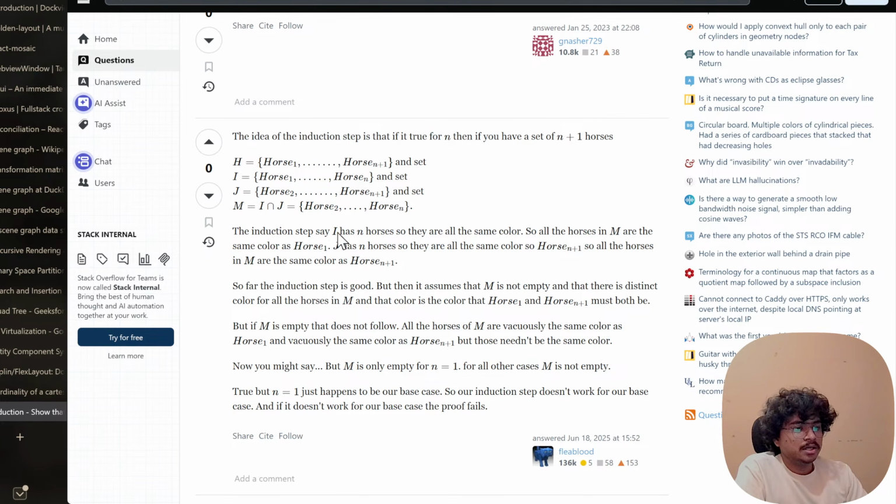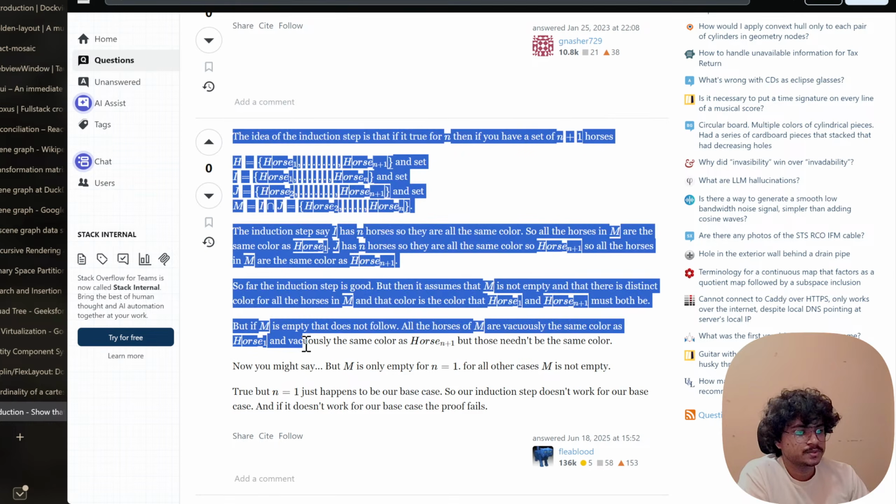The induction says that it has n horses, so far the induction step is good, but then it assumes that M is not empty and that there is a distinct color for all the horses in M. But if M is empty, it does not follow that all horses of M are the same color as horse 1.